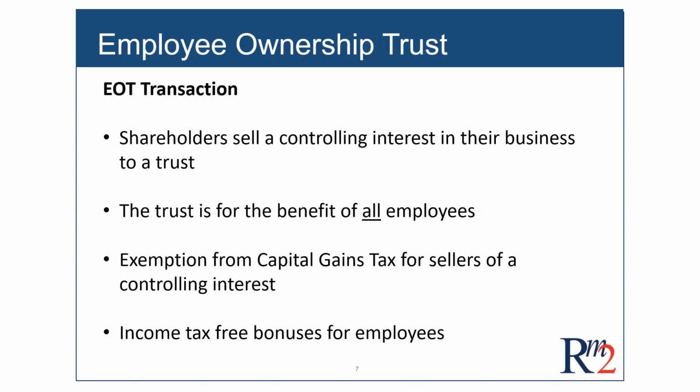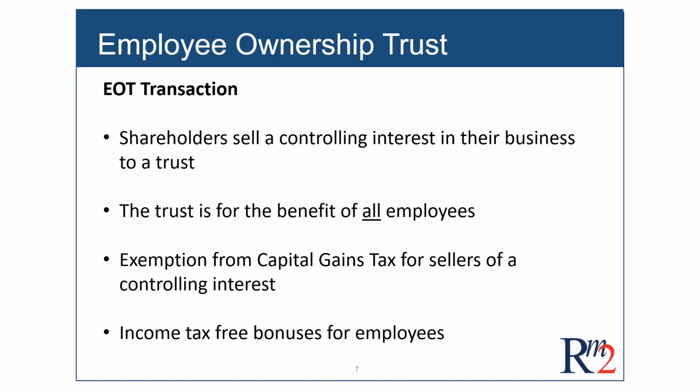That is only at the point when control passes. So it doesn't work if an owner wants to sell their business in particular tranches. Say they sold 60% of the business in one tax year, and then the following tax year they sold 40% of the business, they would only receive CGT EOT relief on the 60% when the control passed.